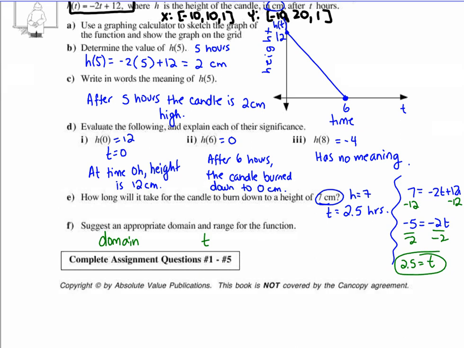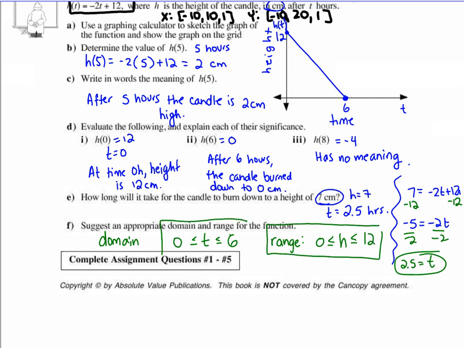It exists between a time of 0 hours and 6 hours, till when it's completely burned out. The range: how high does it go and how low does it go? The lowest height it'll be, and we're going to use h instead of y, that's important, is 0. So it's going to get to 0, and the maximum height was what it was at the beginning, which is 12. So that would be your domain, and that would be your range.